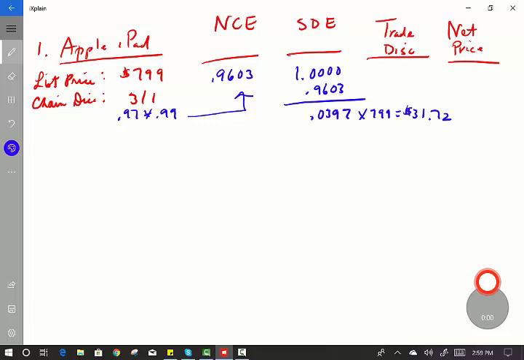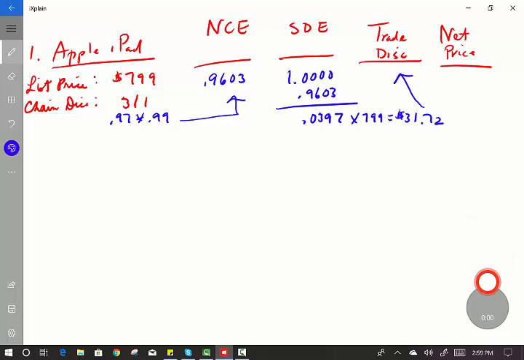And then as far as the net price is concerned, I can take 0.9603, which is your net cost equivalent, and multiply that times $799, and that will equal your net price of $767.28. Okay, so there we have it as far as question number 1 is concerned.